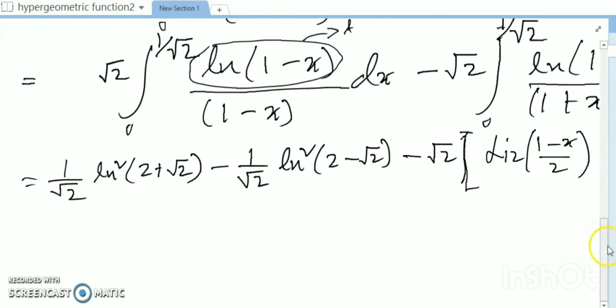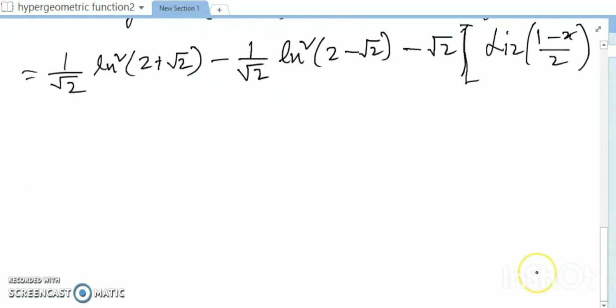I can write this problem after simplification.